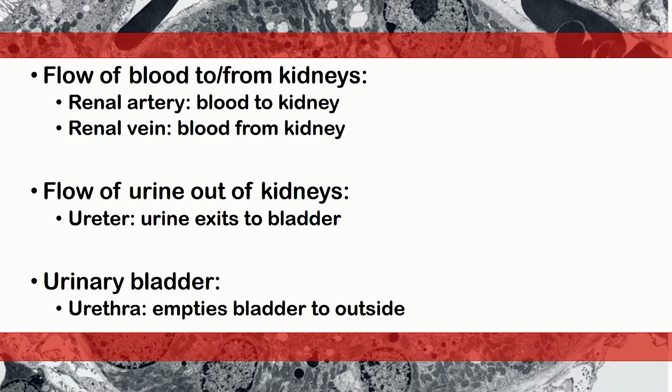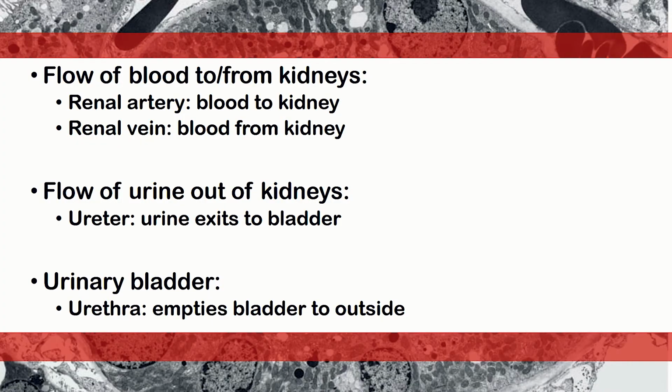Blood flow into those kidneys is regulated by the renal artery, which branches off from the aorta and allows blood to flow into those kidneys. Returning from the kidneys will be the renal veins. Those renal veins will flow directly into the inferior vena cava. The filtrate that's produced within the kidneys will be converted and processed into what we refer to as urine.